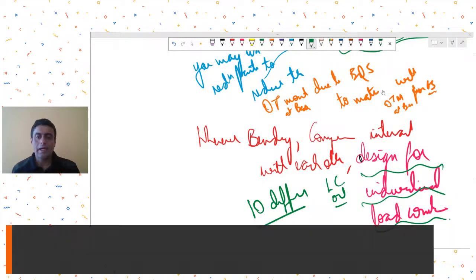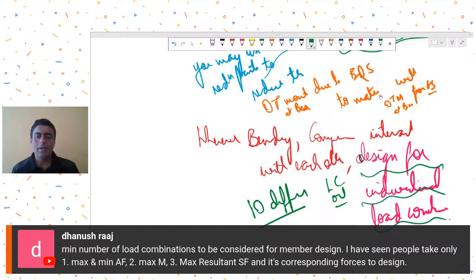So the max thing can only be taken where the two forces are not interacting with each other. For example, bending and shear. When we design for bending, usually it does not interact with shear, and when we design for shear, it does not interact with bending. It does not affect the design, so to say.